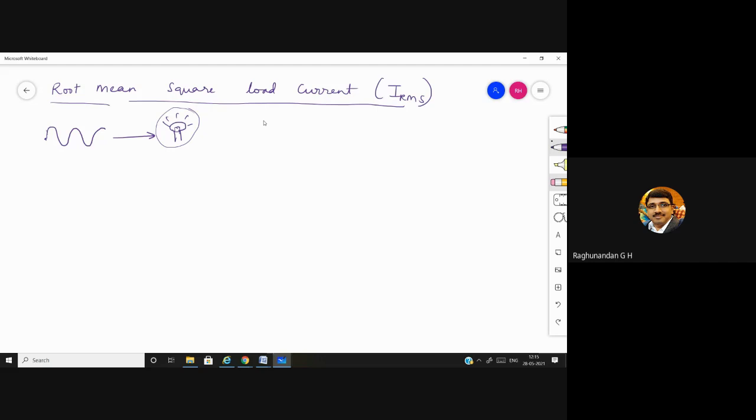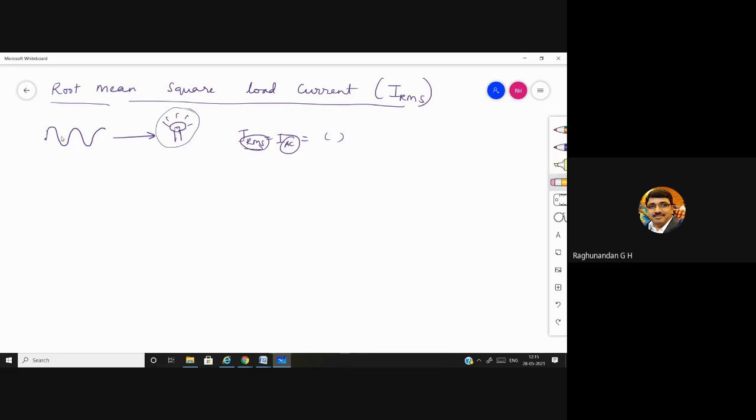Even in experimentation, in the third semester analog and digital electronics lab, you will find the IRMS value and note down that IRMS is equal to IAC is equal to that value. That means the IRMS value directly indicates the AC signal, that is AC current or AC voltage.